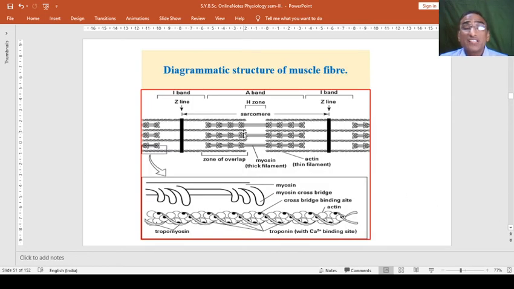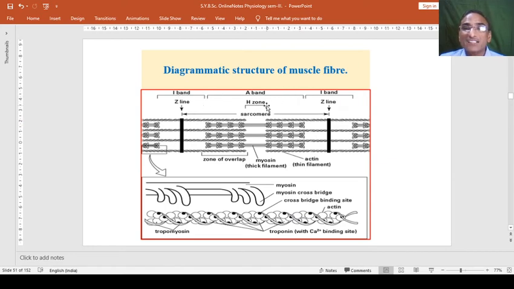Furthermore, we will see the same structure in another way, in a diagrammatic way, to clarify the concept of these muscles. Whenever the muscles work, there is elasticity among the tissues or cells, and this elasticity is only due to these myofibrils or myofilaments, in which the protein molecules are present in different zones or bands.